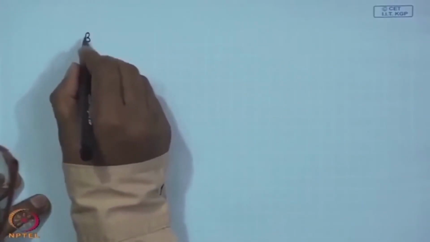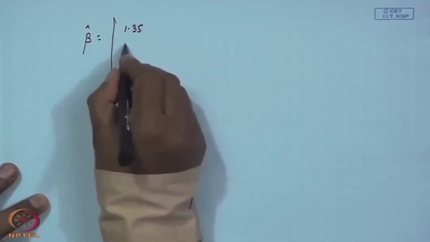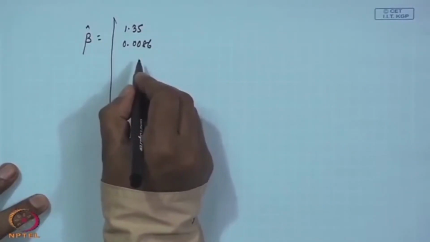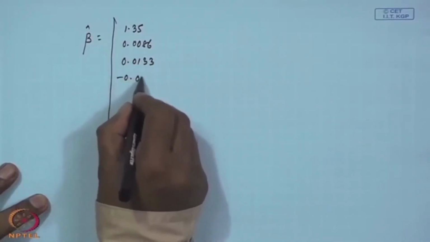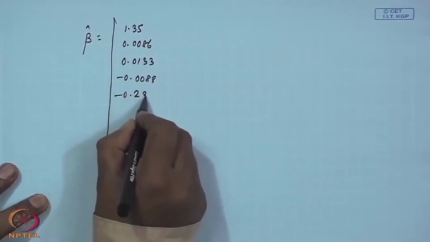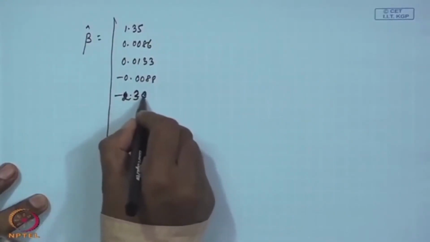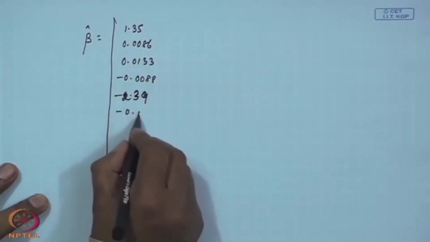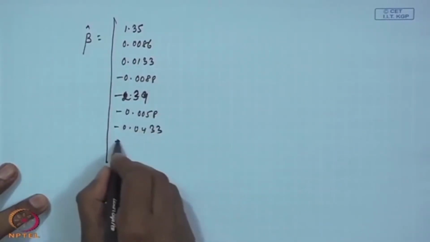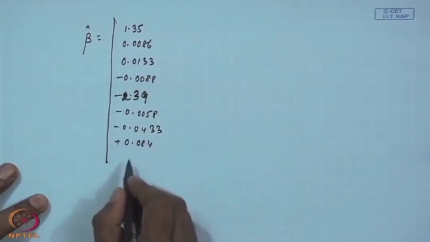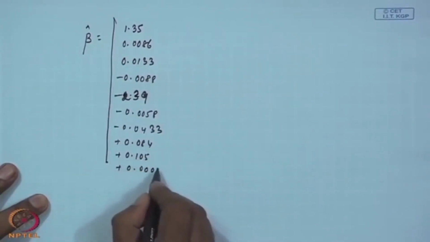We found out like this: 1.35, then 0.0086, 0.0133, minus 0.0088, minus 0.2, minus 2.39, then minus 0.0058, minus 0.0433, plus 0.084, plus 0.105, plus 0.00024.